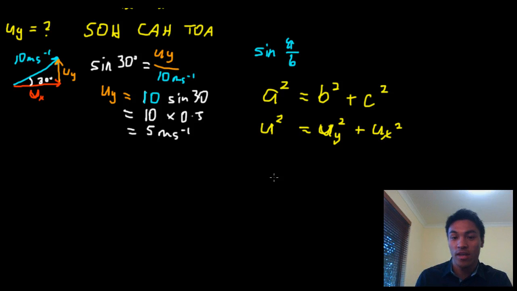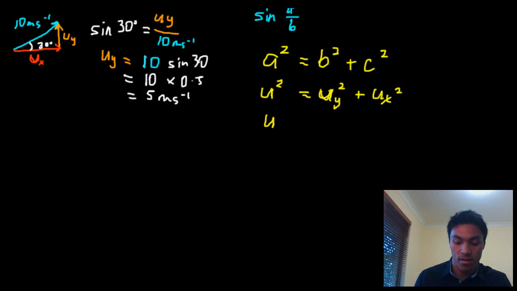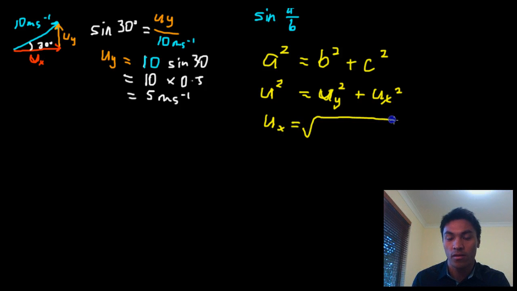So in order to get our initial velocity in the x direction, our initial velocity in the x direction, not squared, should be the square root of our resultant initial velocity squared minus our initial velocity in the y direction squared.